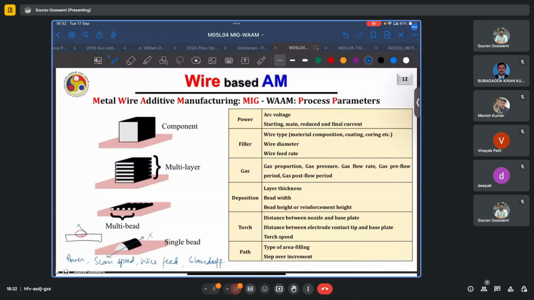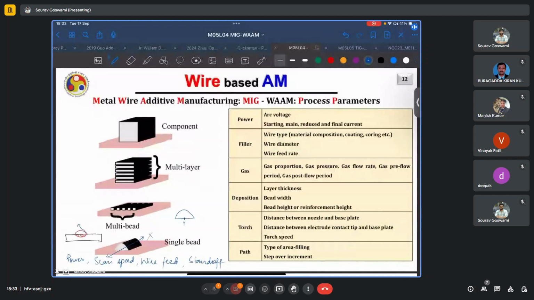Once your single bead process parameters are optimized, we opt for a multi-bead build experiment, in which case the additional consideration of step over or a hatch distance comes into the picture. So after one deposition of one bead, at what distance from this center do you deposit the next bead?